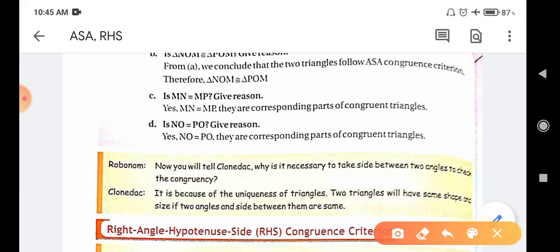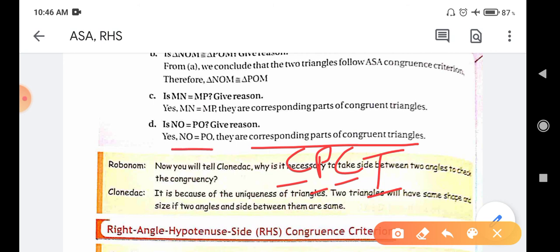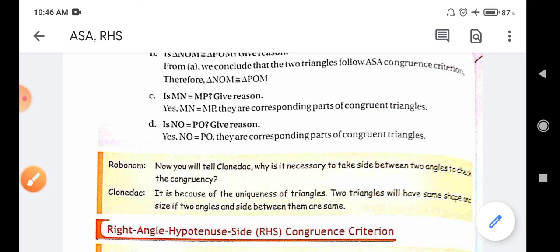We can also say it CPCT. This is the short form of corresponding parts of congruent triangles. So you can say that NO is equal to PO by CPCT. So these are equal. This is the ASA congruence criterion.